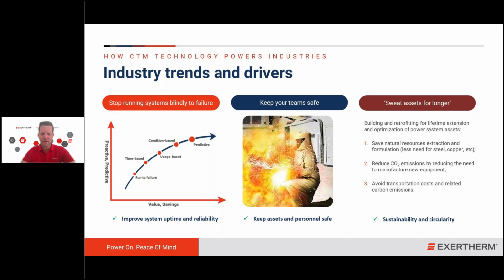In consequence, then on the manufacturing side, with less equipment that has to be replaced, there's going to be less replaced equipment manufactured in different plants, reducing the CO2 emissions from that end, and at every step of this supply chain, avoiding the transportation costs related with it, and in consequence, the carbon emissions that come along with it. So when we walk through this webinar, let's think about these three key drivers: uptime and reliability, safety, and circularity and sustainability.